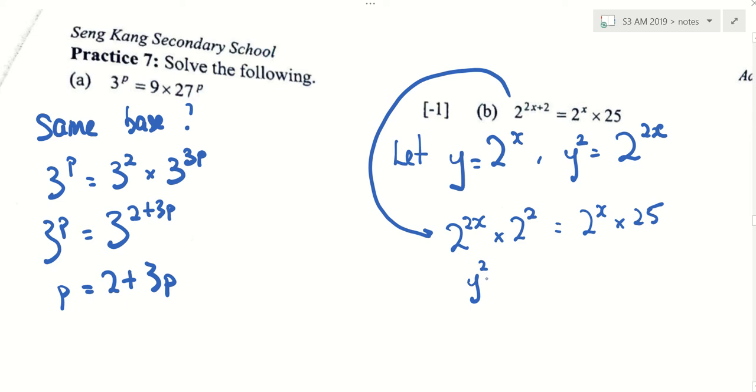Y square times 4 equals to 25y. Is it easy now? How do I then solve? Use what? A plus b, a minus b, no. B square minus 4ac also no. Bring over. Bring over as in minus or divide? Minus.